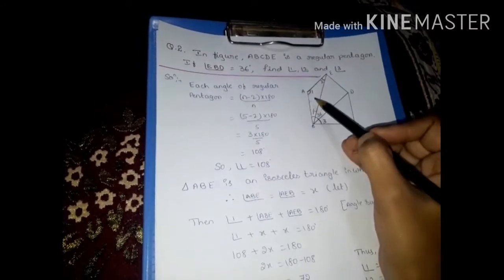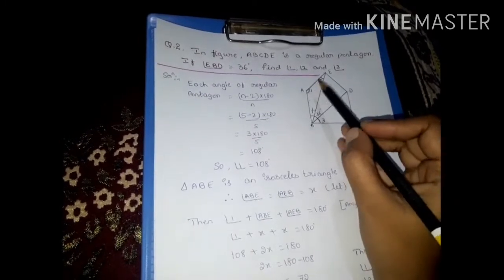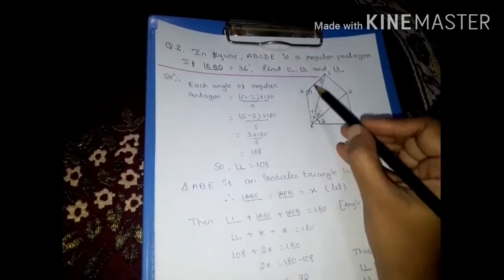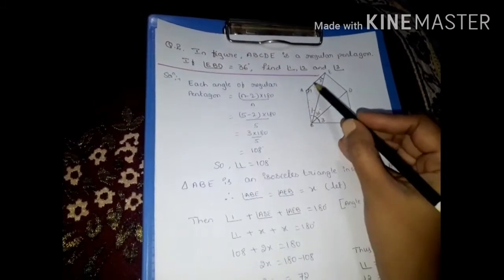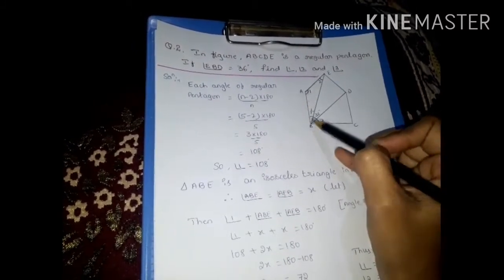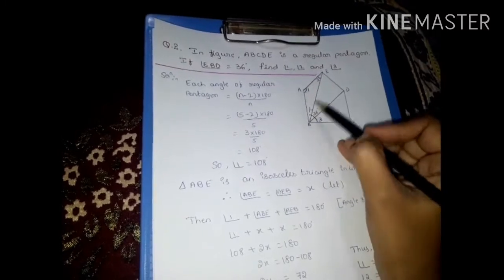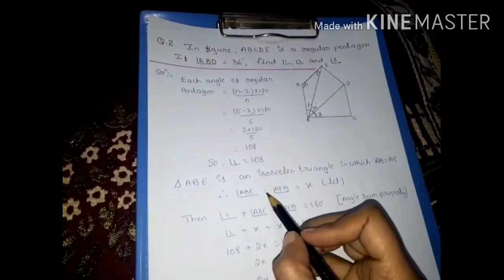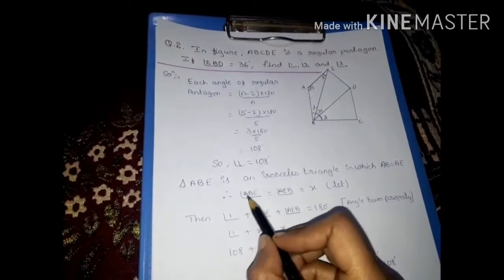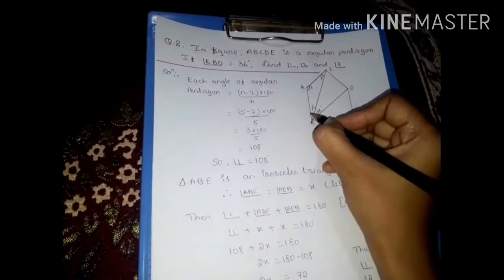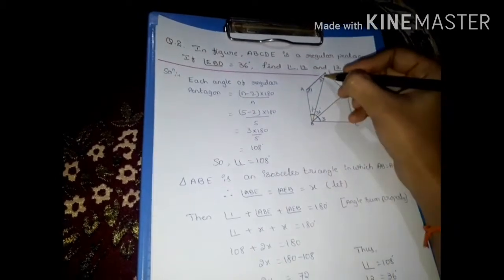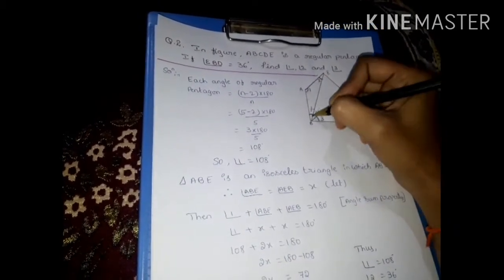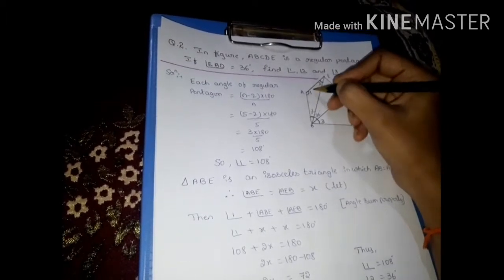What type of triangle is it? Isosceles triangle, because it is a pentagon, all sides are equal. In this triangle, these two sides AE equal to AB. When AE equals AB, the angles are also equal. So you can write here angle ABE, this angle, and also angle AEB, this angle too, both are equal because this is an isosceles triangle.